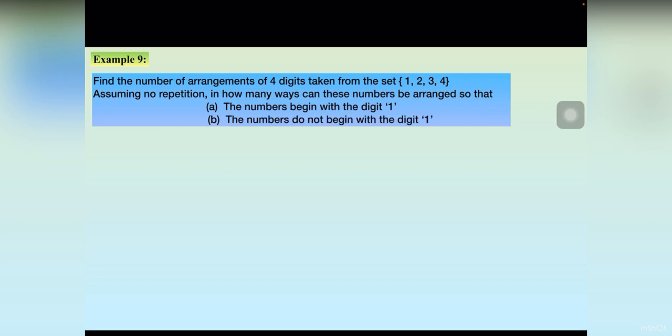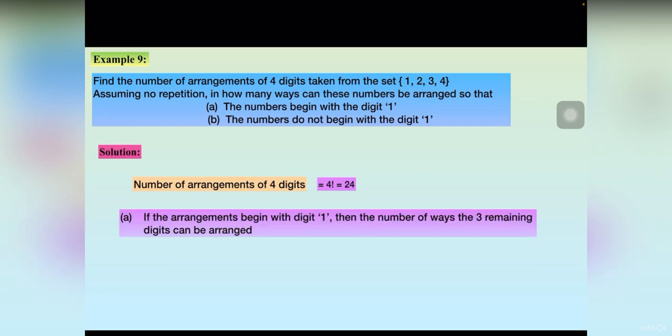Assuming no repetition, in how many ways can these numbers be arranged so that A. the numbers begin with the digit 1? B. The numbers do not begin with the digit 1. Solution. In general, the number of arrangements of 4 digits is 4 factorial equals 24.